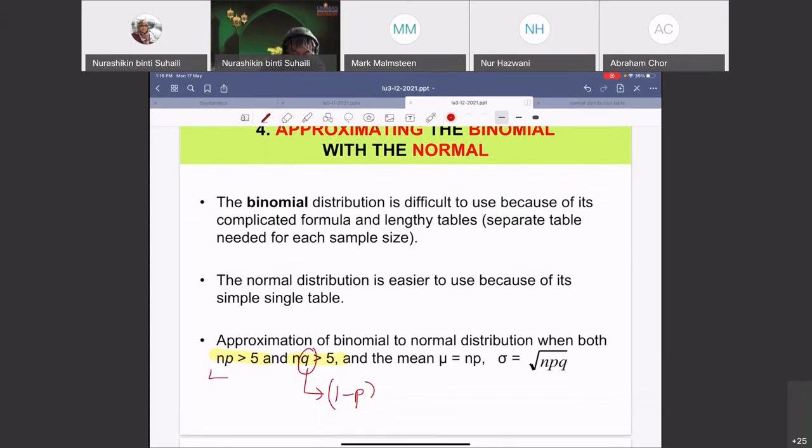So the multiplication value should be more than 5, and only then can you approximate the binomial data with the normal distribution.